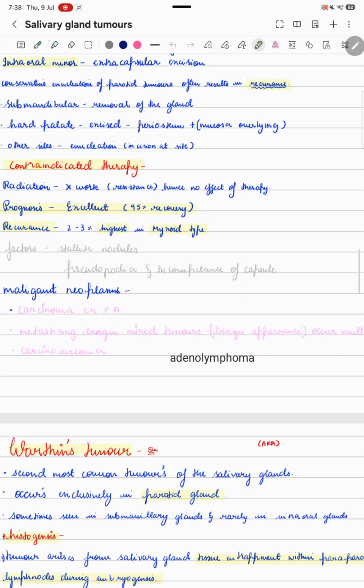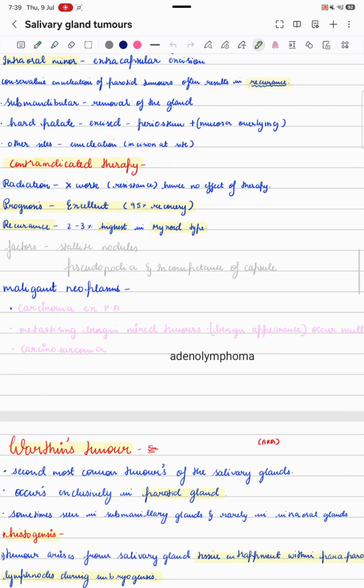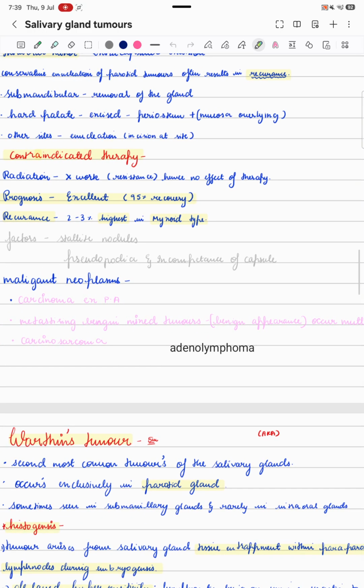Now malignant neoplasms are called carcinoma ex pleomorphic adenoma. This is what I was looking for when I was telling you about malignant classification: the malignant form of PA is carcinoma ex pleomorphic adenoma. And the metastasizing benign mixed tumors occur in multiple sites, and the recurrence is high, obviously, because it is a malignant type.